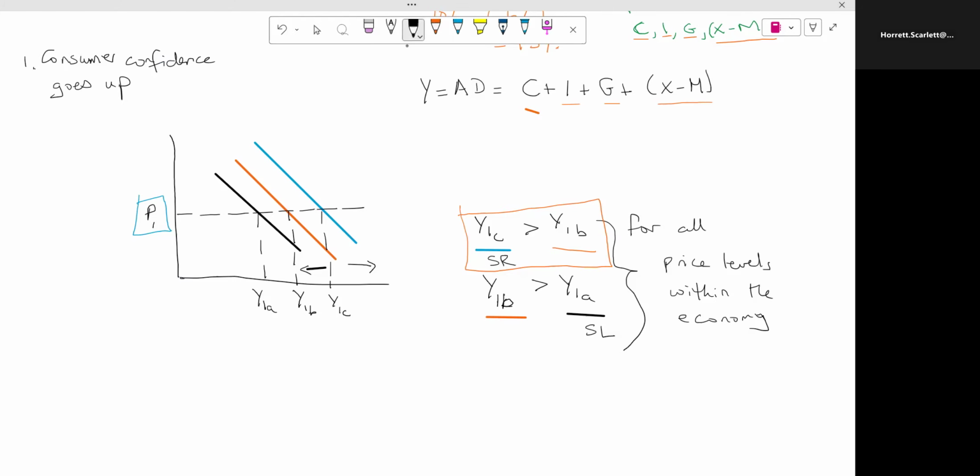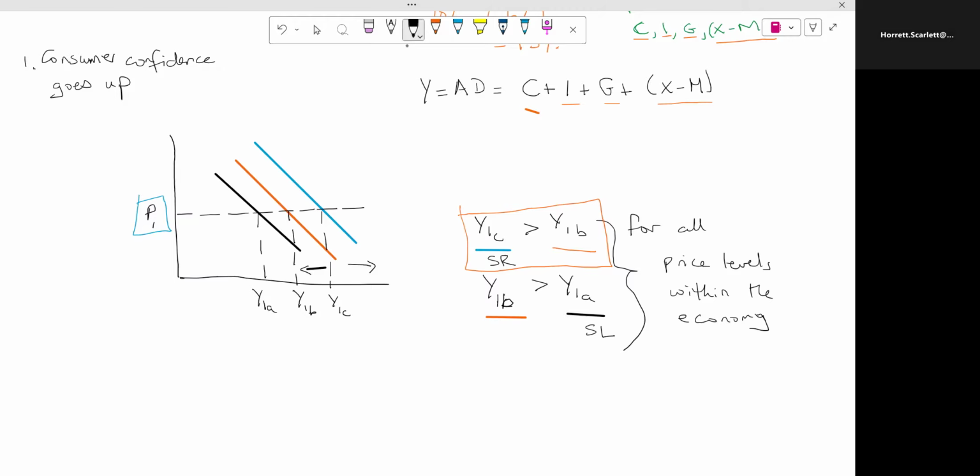Then this might have a ripple effect in the economy in terms of persons, consumers, their confidence is going to go up. So all the persons who don't have a job, they are now going to start to think that they can get some sort of employment in these new industries that are going to be created.